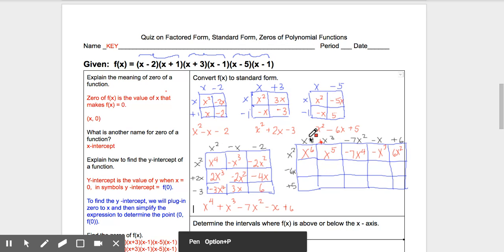Okay, negative 6x times x to the fourth is negative 6x to the fifth. Negative 6x times x cubed is negative 6x to the fourth. Negative 6x times negative 7x squared is positive 42x cubed. And negative 6x times negative x is positive 6x squared.